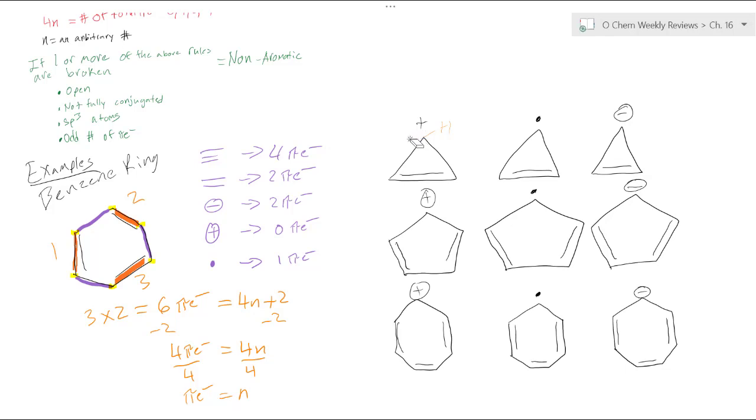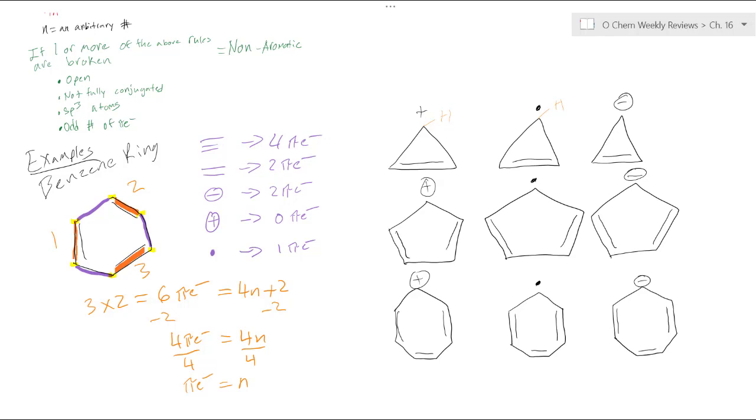So it is 1 bond here, 1 bond there, and then a bond to hydrogen, making it sp2. Same case for this, and same for the other one. As long as it has a charge, it's considered sp2, and it's also considered fully conjugated, because that charge is participating in the ring.